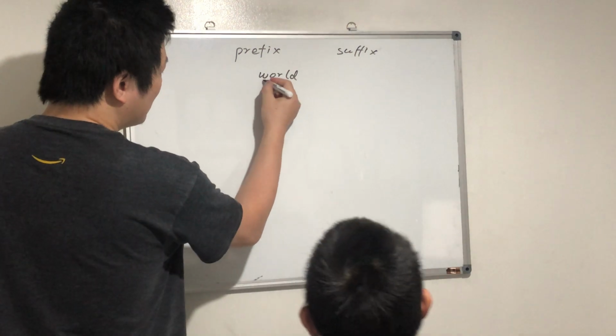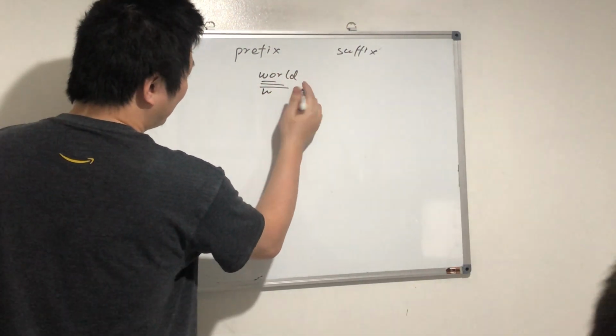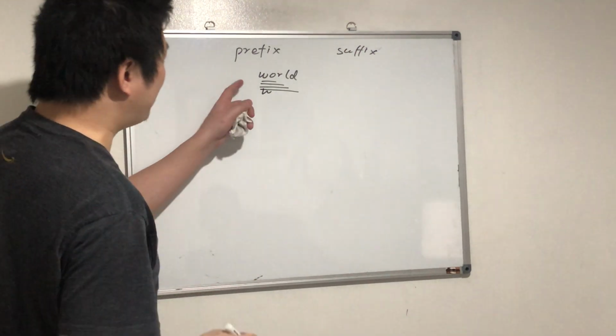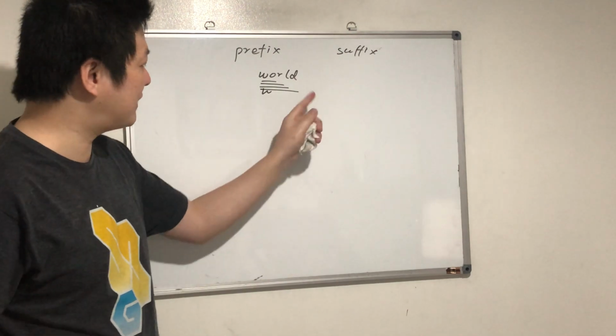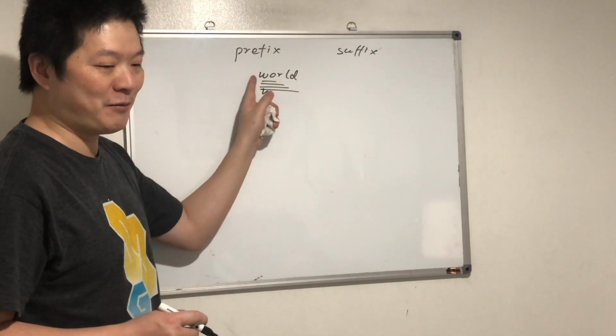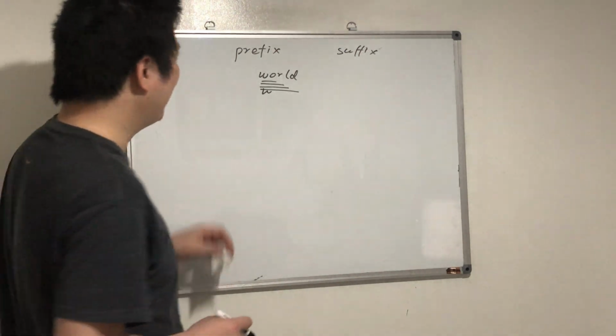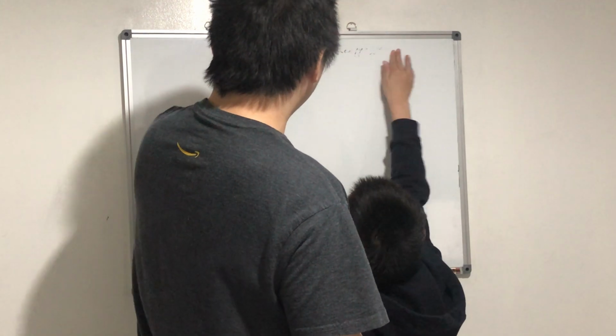W, WO, WOI, WOIL, and WOILD, the whole word. If the length is 5, there are 5 prefixes, and the suffixes are D, LD, ILD, OILD, WOILD. Right?